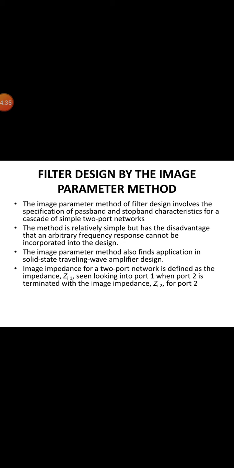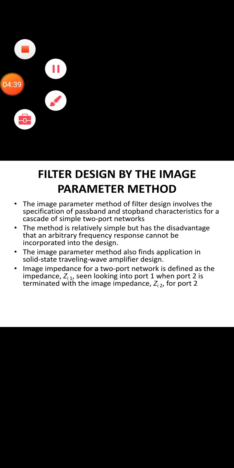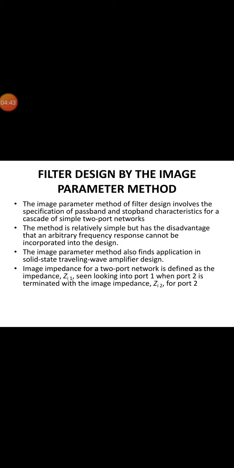Now let us discuss filter design by the image parameter method. The image parameter method of filter design involves the specification of passband and stopband characteristics for a cascade of simple two-port networks, and so is related to the concept of the periodic structure. The method is relatively simple but has the disadvantage that an arbitrary frequency response cannot be incorporated into the design.